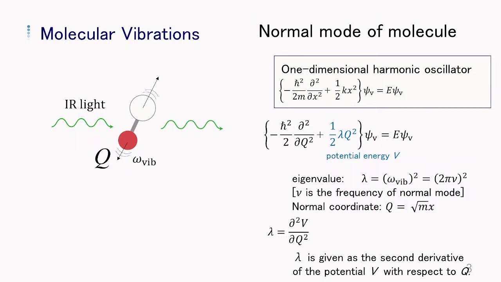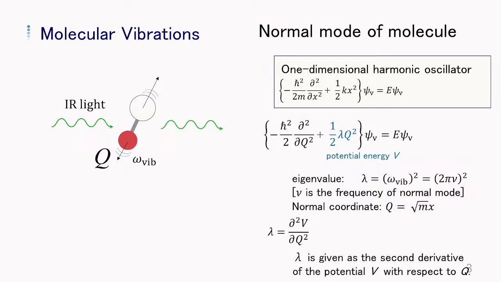And in the case of diatomic molecules, we can set a vibrational coordinate Q. Okay. So there is no spring that connects this molecule to the wall, so we consider the vibration by itself.